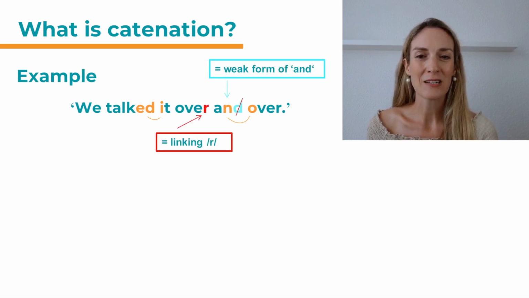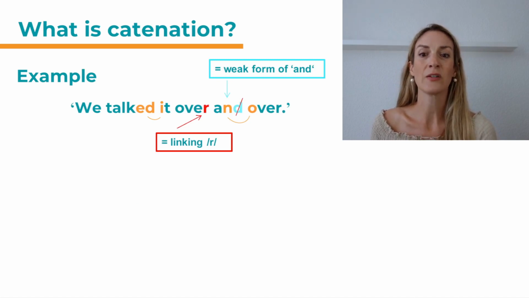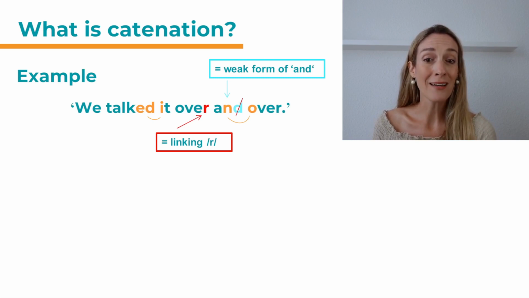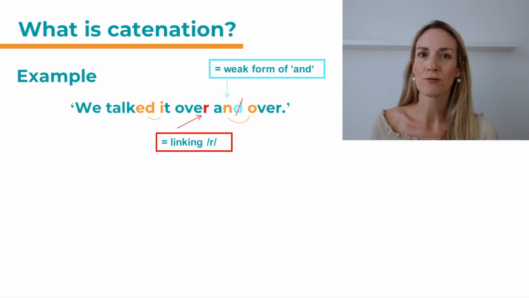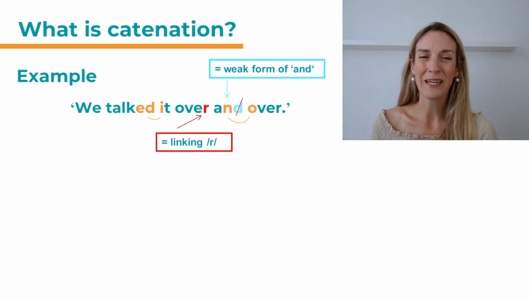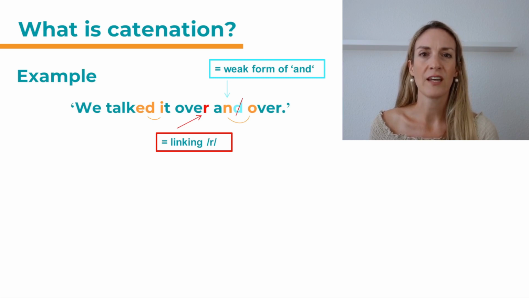The "and" will most likely appear in its weak form, "an," and over. For a non-rhotic speaker like myself, usually the R is silent, but we have linking here. Linking R, it's also called intrusive R or sometimes liaison. And so actually we have a couple of features here coming together, and "and over" sounds like "an over."